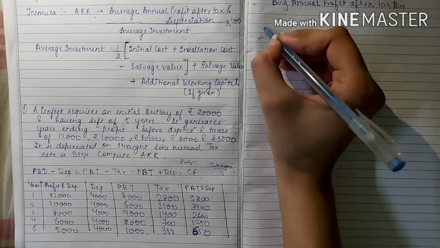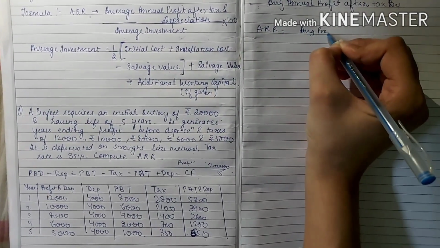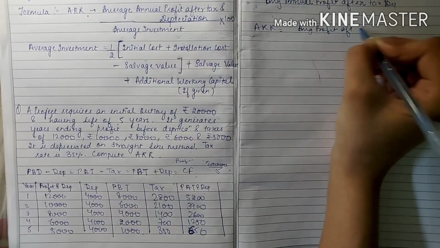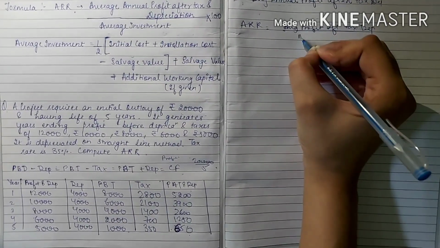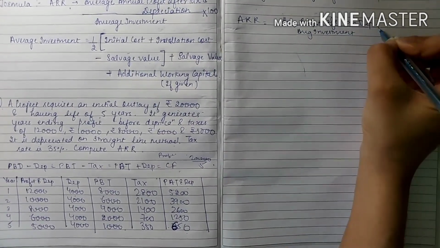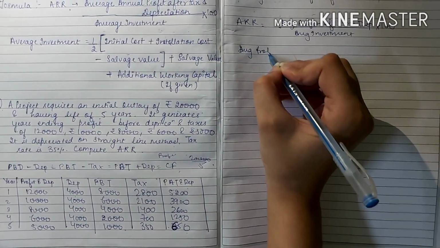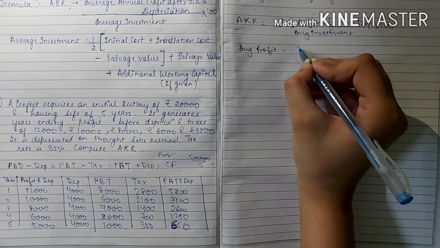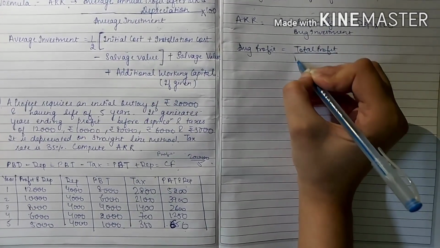Now using the formula, ARR is equal to average profit after tax and depreciation upon average investment into 100. So average profit is calculated by dividing the total profit by number of years.